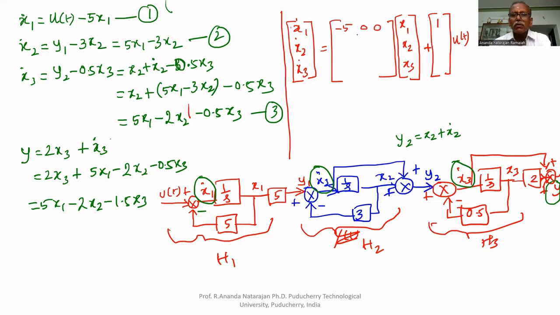That's all. All other two are 0. x2 dot equal to 5x1 minus 3x2, and 0. No u.